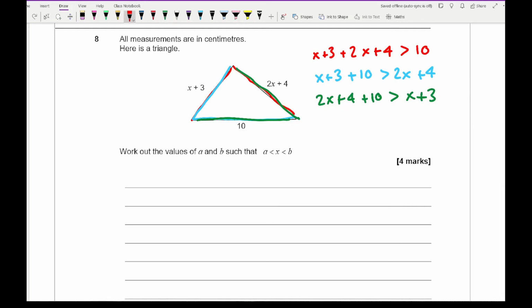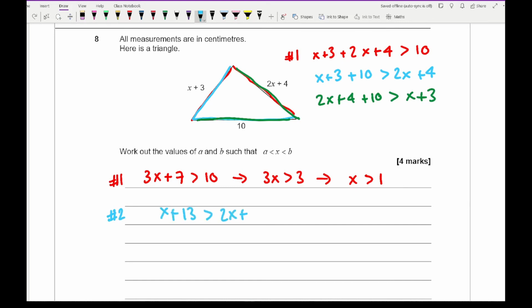Now what I'm going to do is put a little asterisk next to each one. So looking at equation 1 first, we're going to find the value of x. Here I'm going to end up with 3x plus 7 is greater than 10. That then leads on to 3x is greater than 3. So x has got to be greater than 1. Then looking at equation 2, we end up with x plus 13 is greater than 2x plus 4.